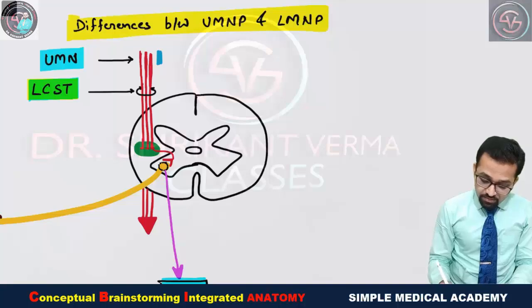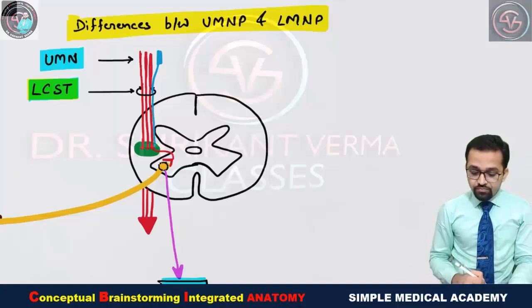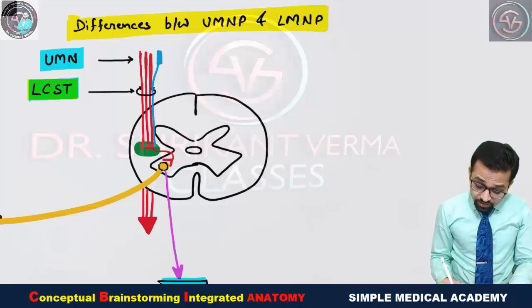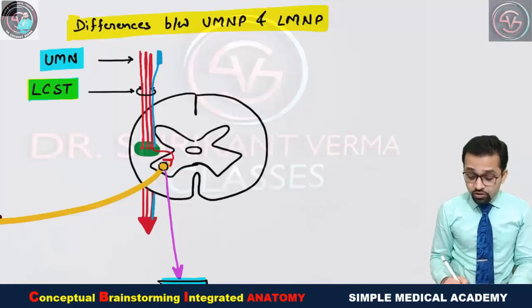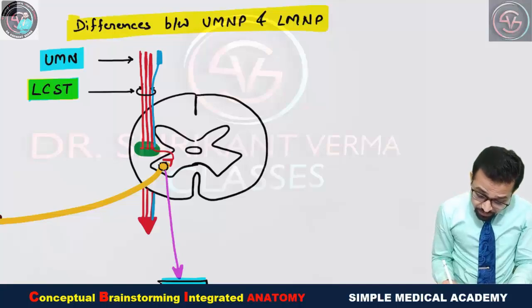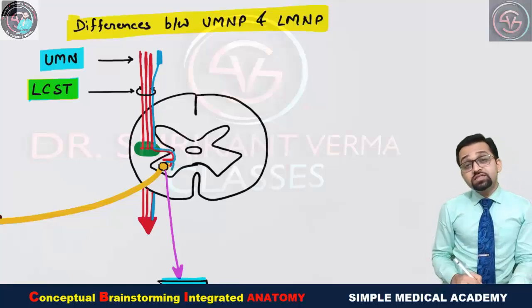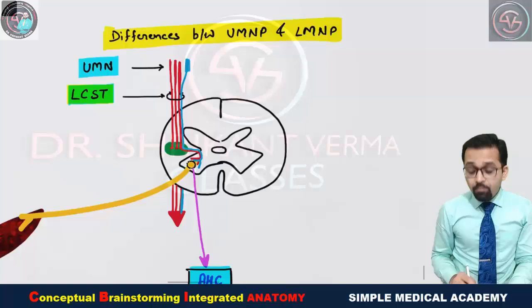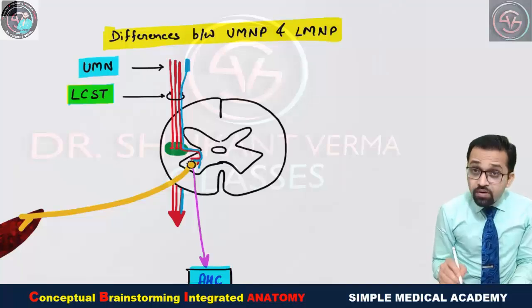But among this, extrapyramidal tract inhibitory is in close relation with our upper motor neuron, lateral corticospinal tract, and it is also coming down. It is also running with our lateral corticospinal tract. But when it has to supply any particular muscle, yes, the fiber is also supplying the anterior horn cell. Getting the point? So this is the extrapyramidal tract fiber which is closely in relation with the upper motor neuron.